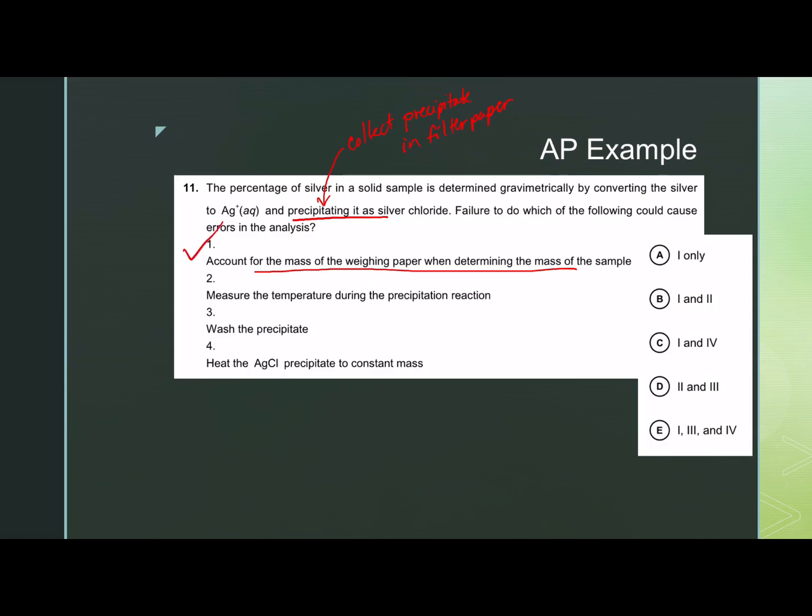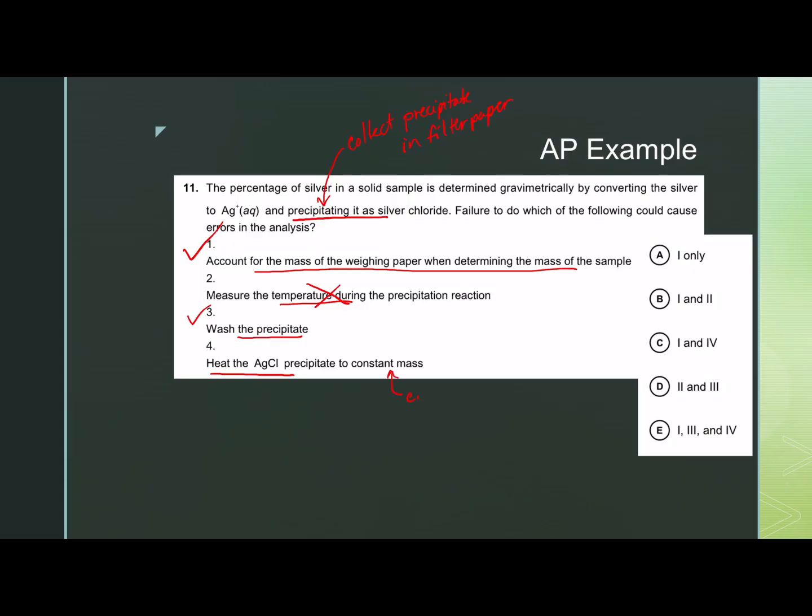That would definitely mess up your experiment. The second is about the temperature during the precipitation, which won't affect the amount that you collect. Number 3, washing the precipitate actually could cause a change in the experiment because without washing it, there could be extra ions clinging to the precipitate and changing the mass.